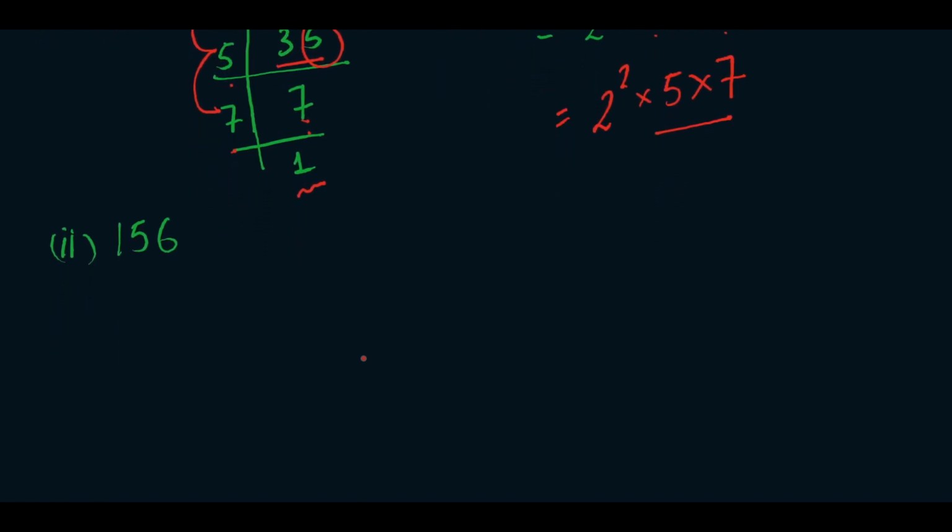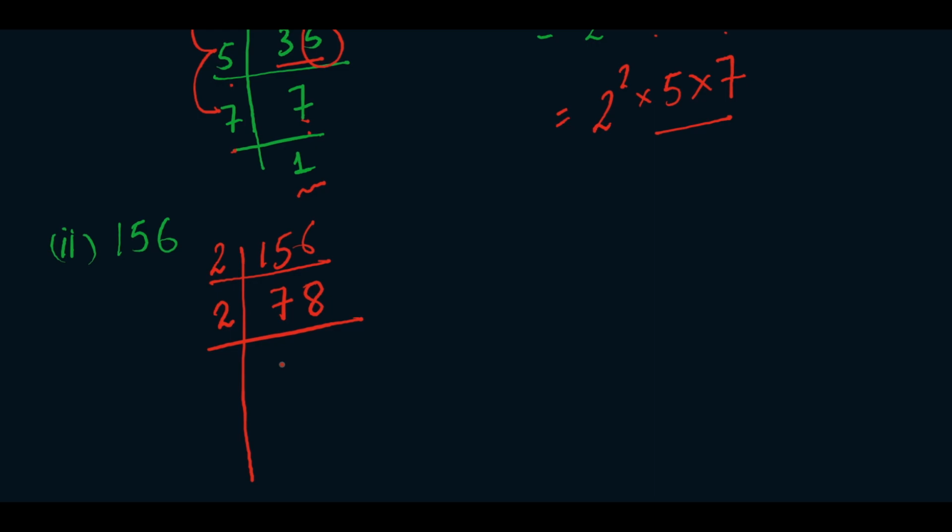The second is 156. So we can write 156 here. When you divide by 2, you get 78. Again you divide it by 2 because you see that 8 is here, hence it is an even number.